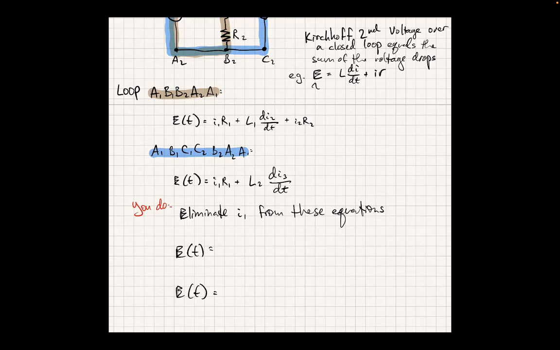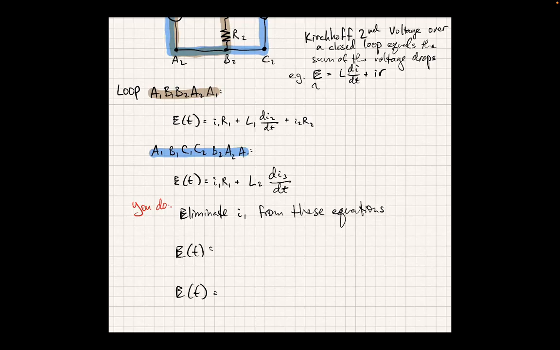It's still I1, but you can just say that they equal each other and then put them in. Then you'd have to subtract, so E(t) minus I1 R1.